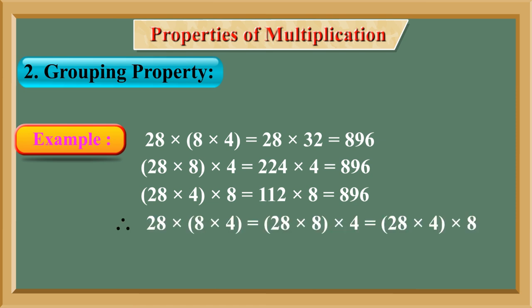Therefore, 28 multiplied by 8 multiplied by 4 is also equal to 28 multiplied by 4 multiplied by 8.